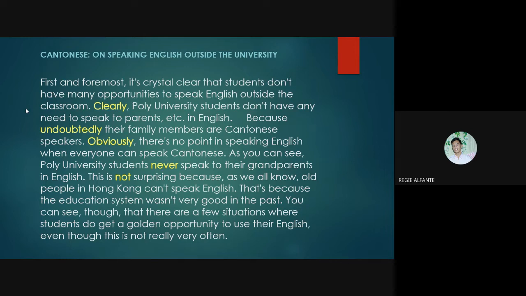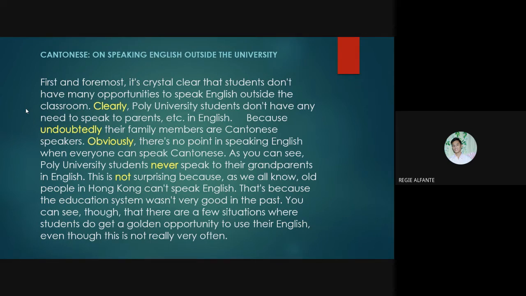Obviously, there is no point in speaking English when everyone can speak Cantonese. So "obviously" here affirms that speaking English is pointless when everyone can speak Cantonese. As you can see, Poly University students never speak to their grandparents in English.